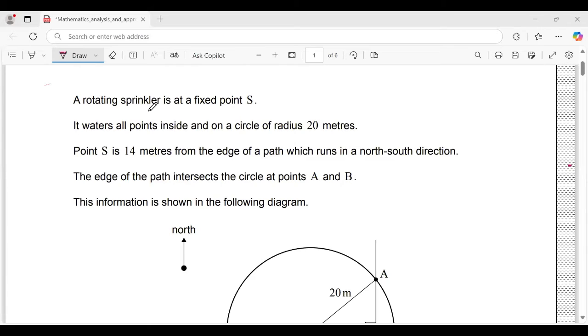A rotating sprinkler is at a fixed point S. It waters all points inside and on a circle of radius 20 meters. When S is 14 meters from the edge of a path which runs in a north-south direction, the edge of the path intersects the circle at points A and B. This information is shown in the following diagram.